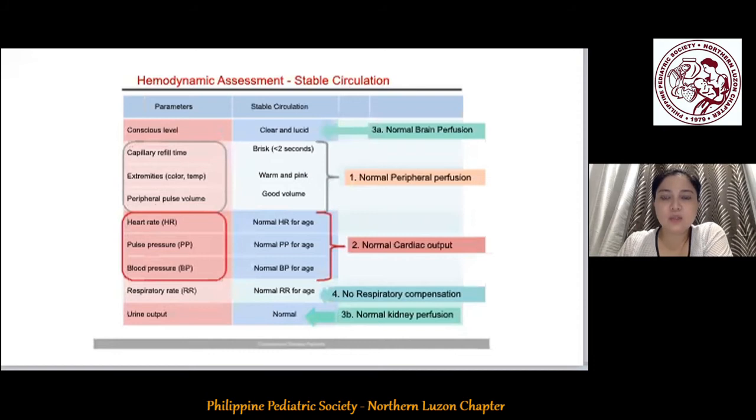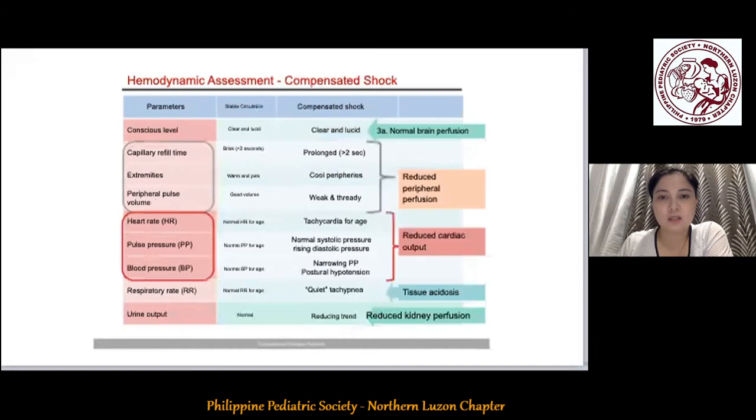So this slide shows you the result of patients with stable circulation. And this slide shows you the patient in compensated shock.